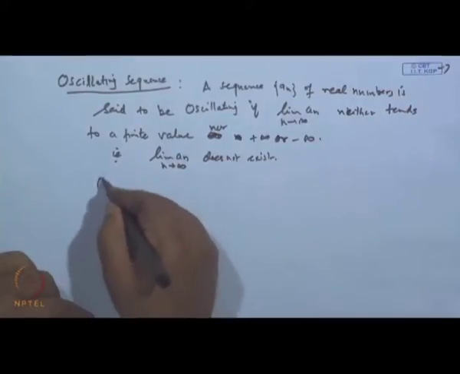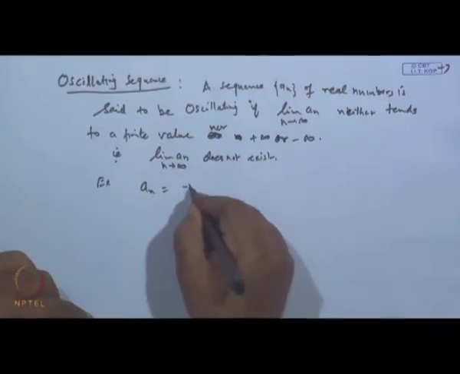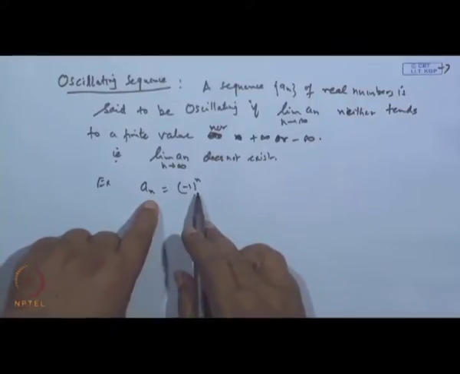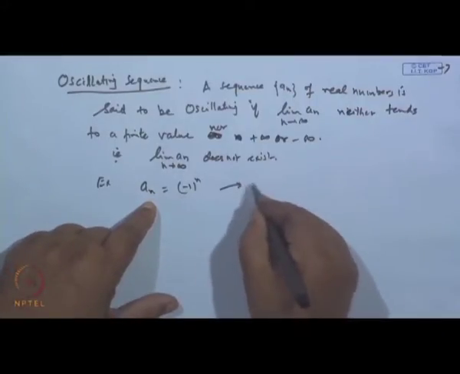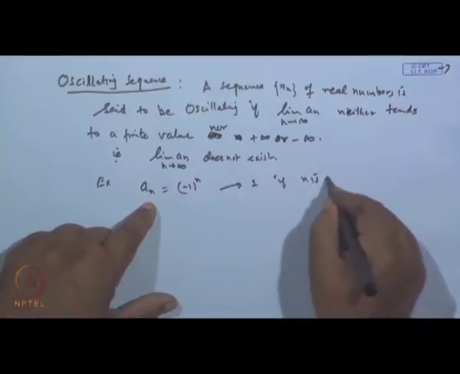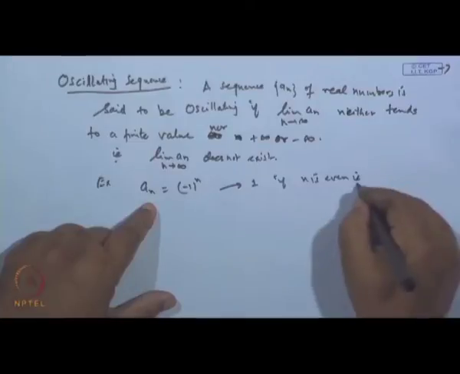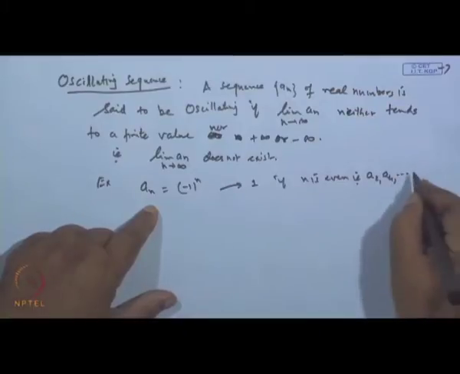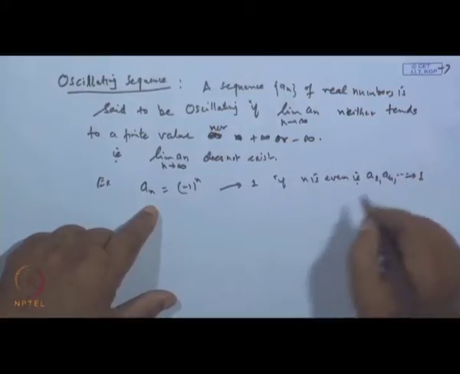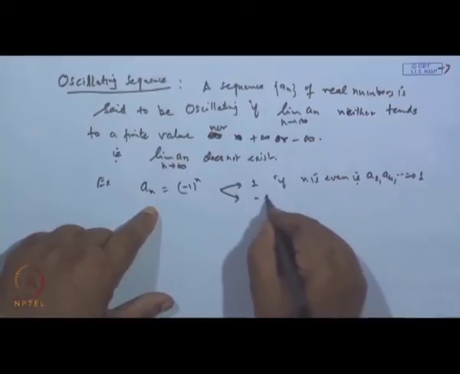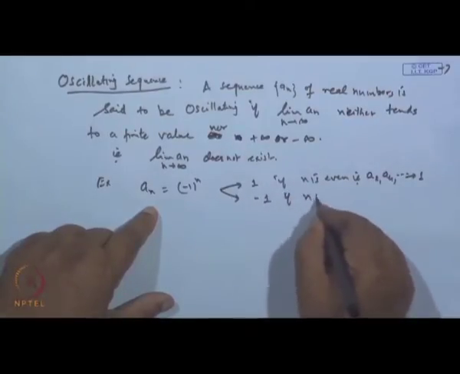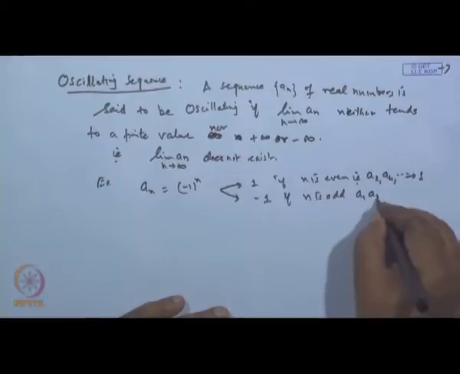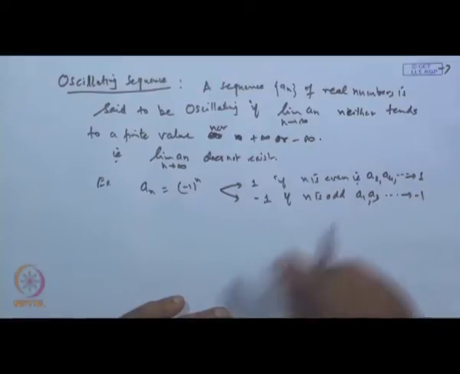For example, suppose I take a_n to be minus 1 to the power n. Then along the positive path it will go to 1 if n is even, that is, when the sequence is chosen like a_2, a_4, etc., the limit will go to 1. But if n is odd, that is a_1, a_3, this limit will go to minus 1.